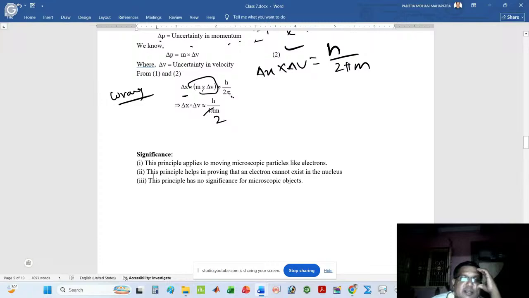Next, what is the significance of Heisenberg's uncertainty principle? This principle applies to moving microscopic particles like electrons. It proves that an electron cannot exist in the nucleus. This principle has no significance for macroscopic objects.